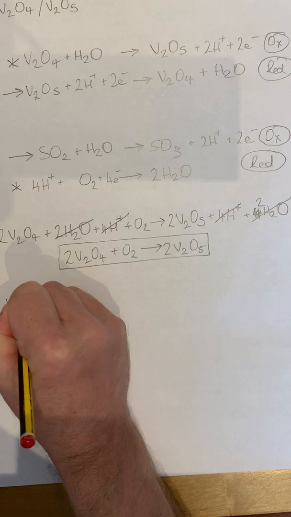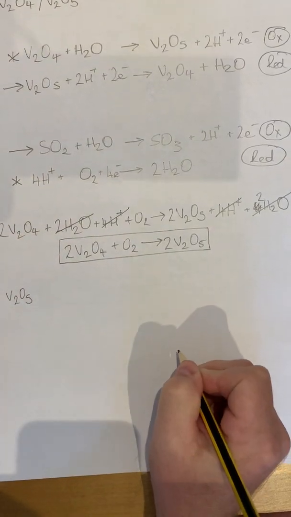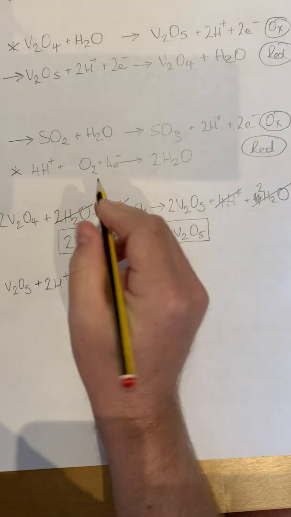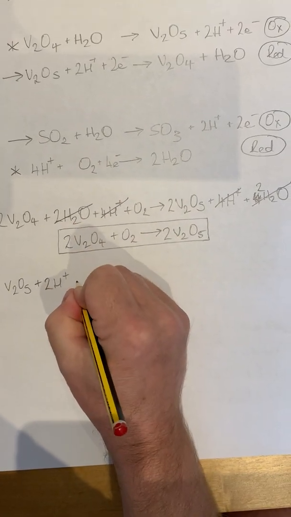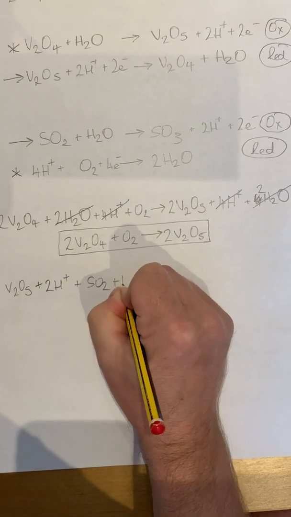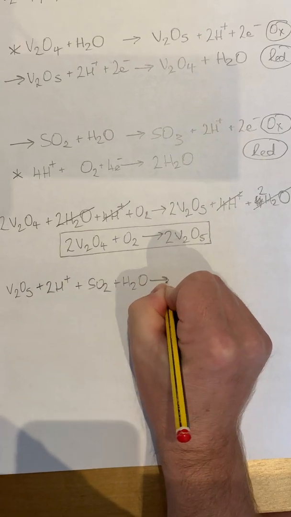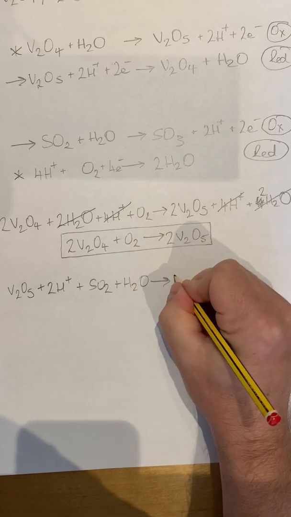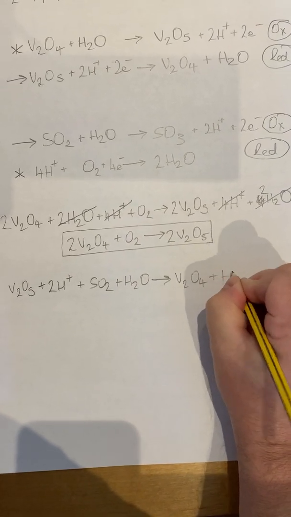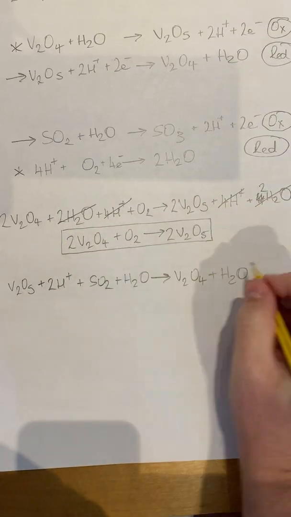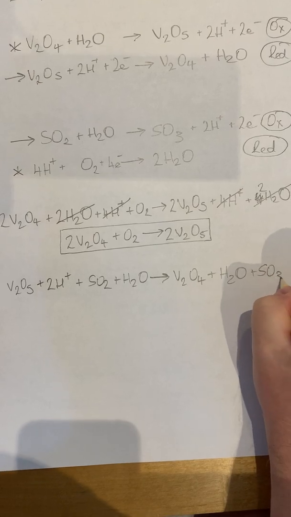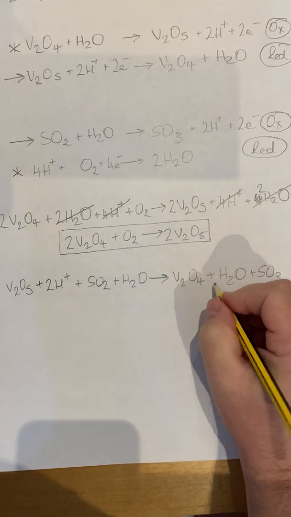V2O5 plus 2H plus, I'll leave the electrons again, plus SO2 plus H2O gives V2O4 plus H2O plus SO3 plus 2H plus.